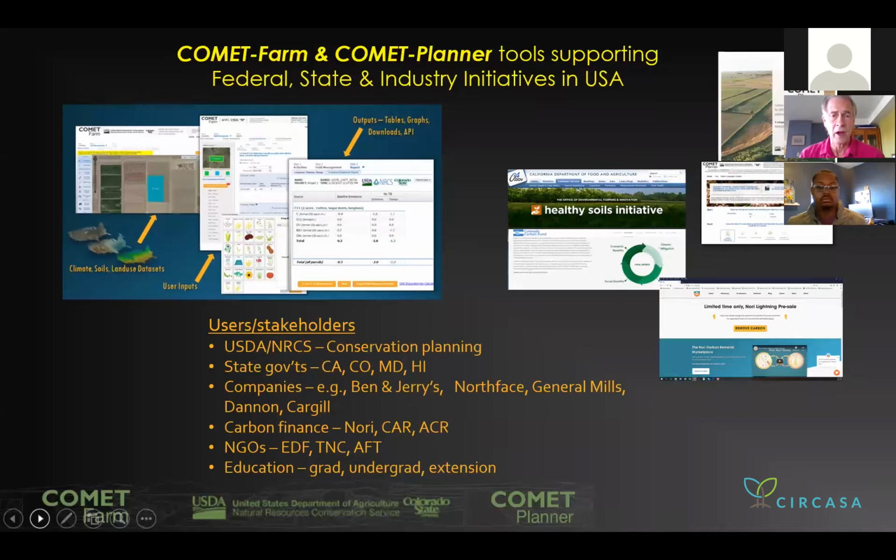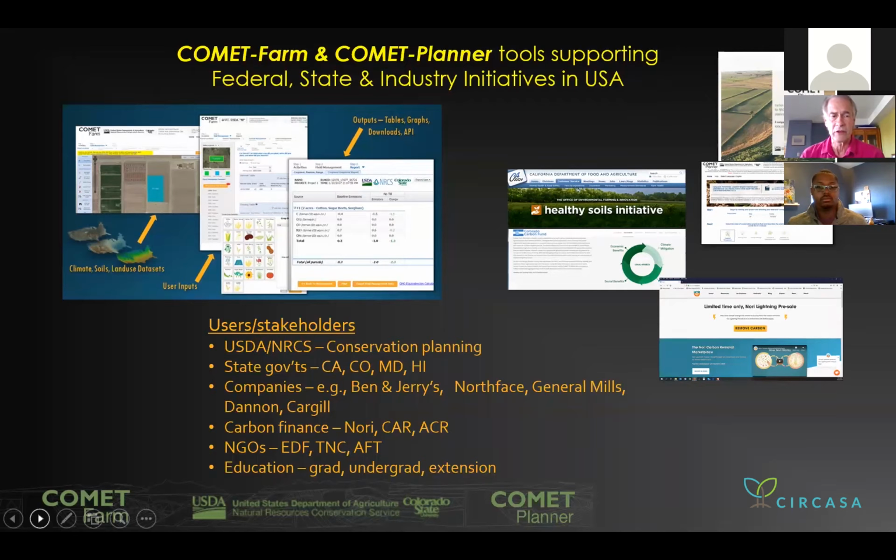A number of companies are using it for, again, these kinds of supply chain initiatives. Carbon finance: a lot of the methods within the tool have been used for some of the protocols in some of the registries, such as the Climate Action Reserve. We're also working with a new company called Nori that some of you might have heard about, that is developing a carbon finance platform with blockchain, and as part of their quantification, they're using the COMET Farm tool.